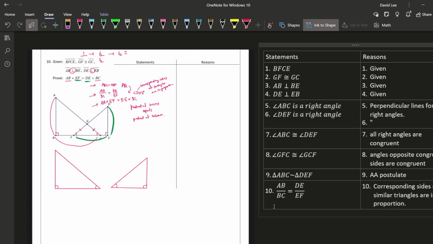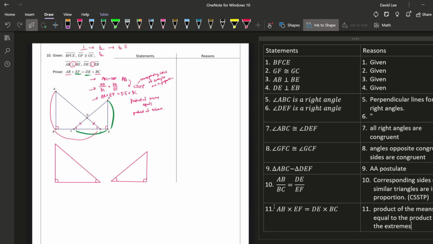This is CSSTP. And then finally we have AB times EF is equal to DE times BC. And this is because the product of the means is equal to the product of the extremes. Okay.